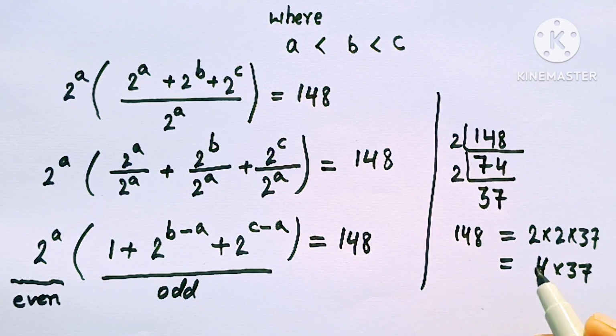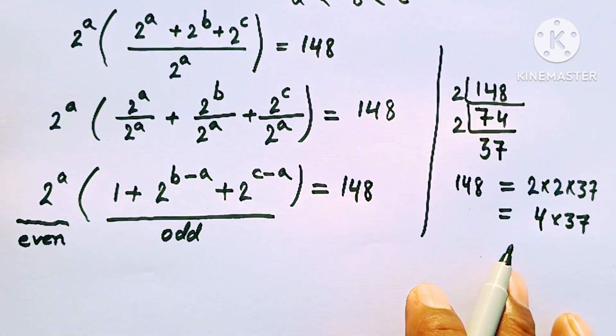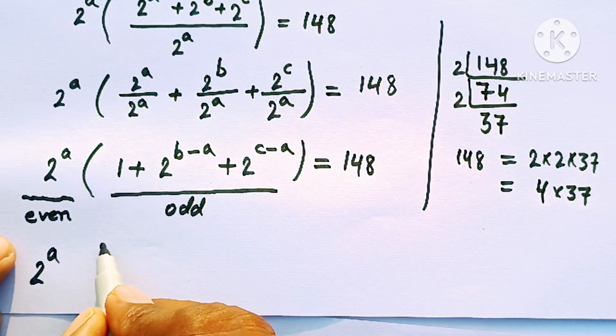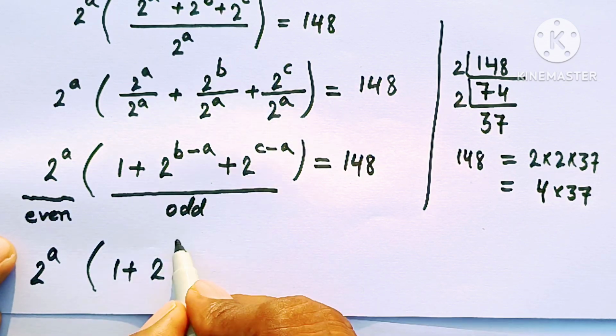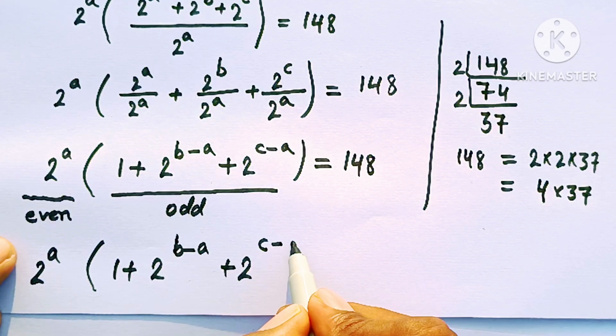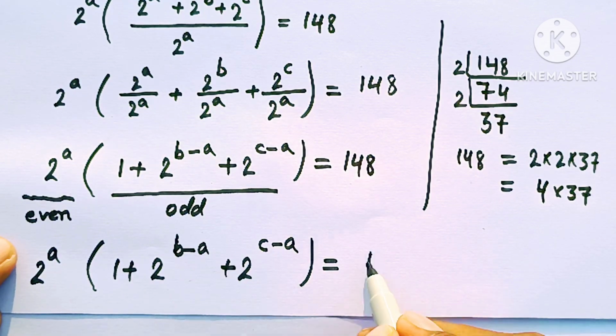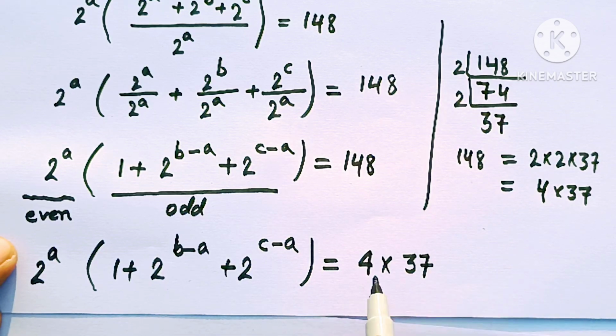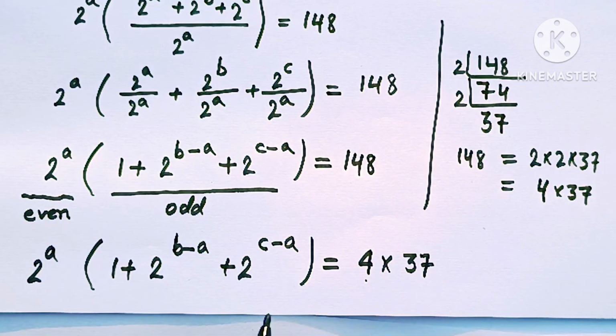Here 4 is even and 37 is odd, that's why I can write in this format: 2 to the power a times, in brackets, 1 plus 2 to the power b minus a plus 2 to the power c minus a, equal to 4 multiplied by 37.